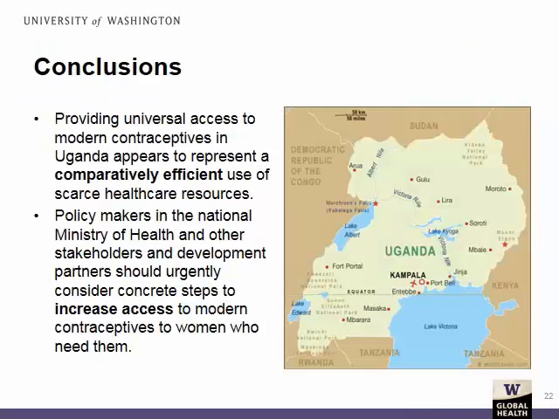And just to read the conclusions, we said that providing universal access to modern contraceptives in Uganda at the time appeared to represent a comparatively efficient use of scarce healthcare resources, and that policymakers in the Ministry of Health and other stakeholders and development partners should urgently consider concrete steps to increase access to modern contraception to women that need these services.